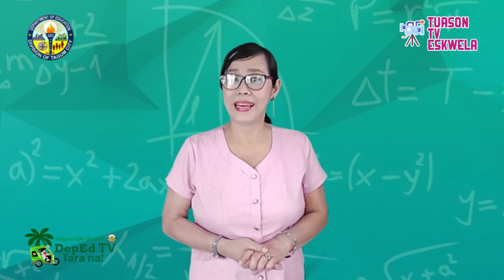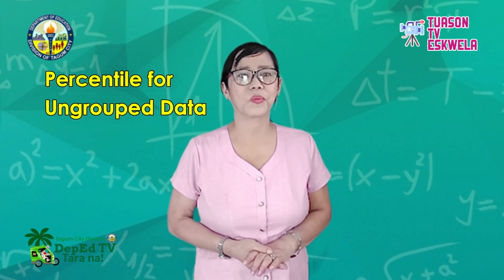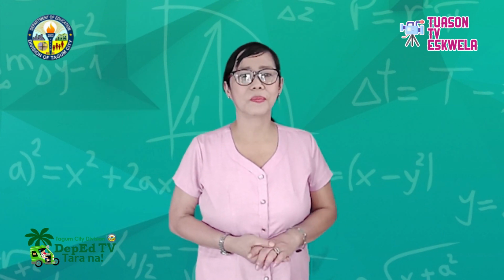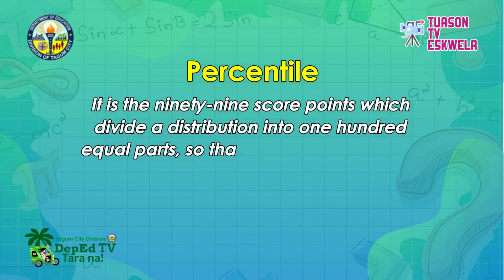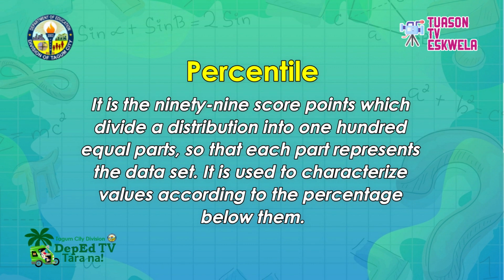This time, let us study percentile for ungrouped data. First, let us define percentile. Percentiles are the 99 score points which divide a distribution into 100 equal parts, so that it represents the data set. It is used to characterize values according to the percentage below them.